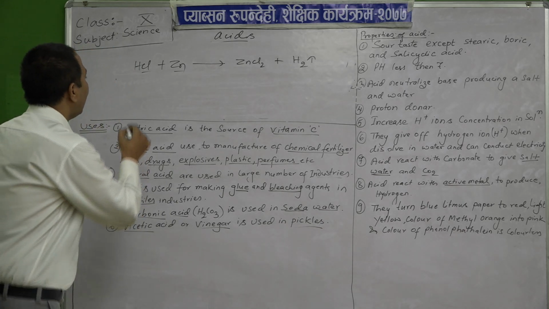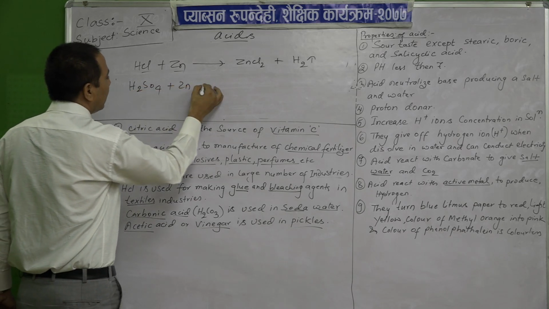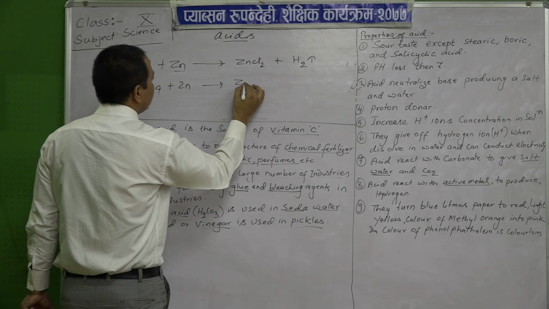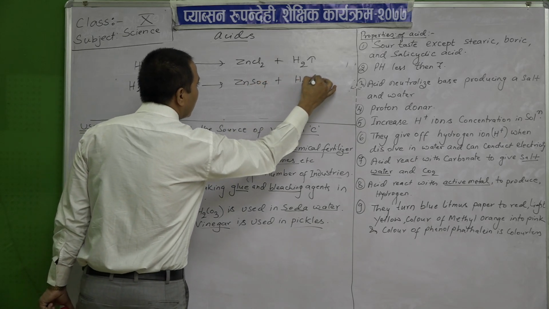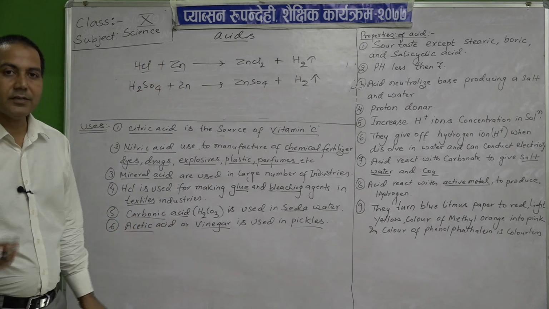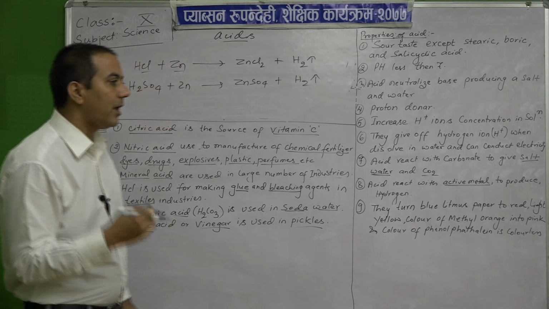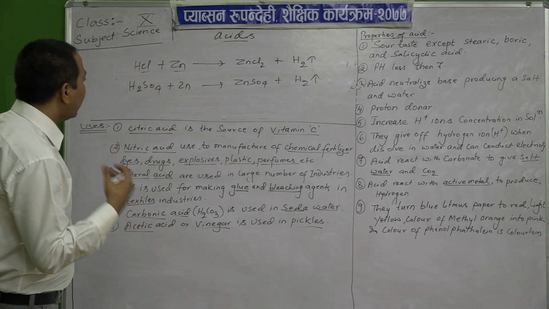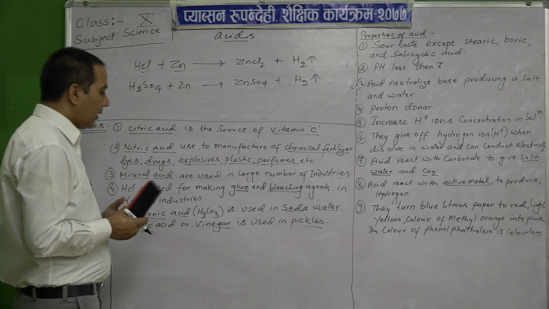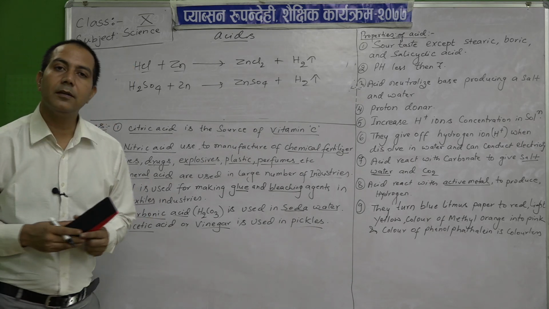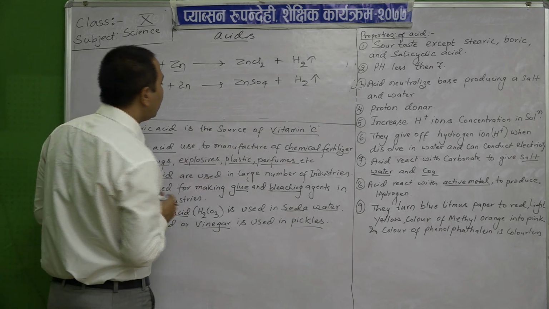Understand? Like another example, H2SO4 plus Zn. Then what happened? ZnSO4 plus H2. So, whatever the acid is, nitric acid or sulfuric acid or hydrochloric acid, when they react with metals, they will obviously produce hydrogen gas.